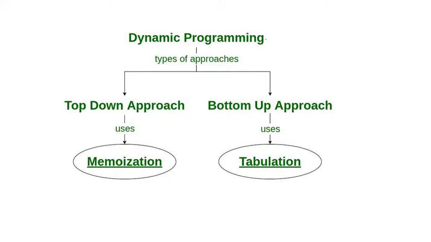So we said that in the dynamic programming approach, there are two types of approaches. One is called the top-down approach and the other one is called the bottom-up approach. In yesterday's day 8 video, we discussed this. The top-down approach uses a technique called memoization, whereas the bottom-up approach uses a technique called tabulation.